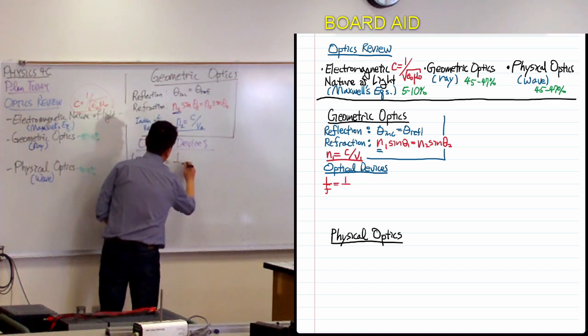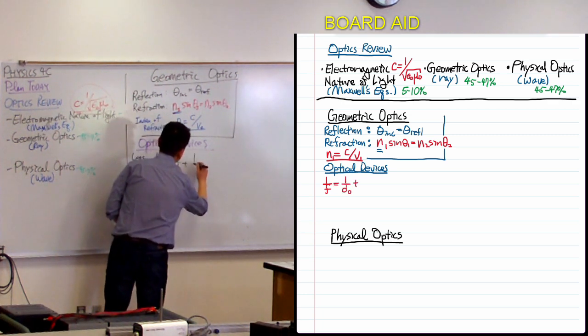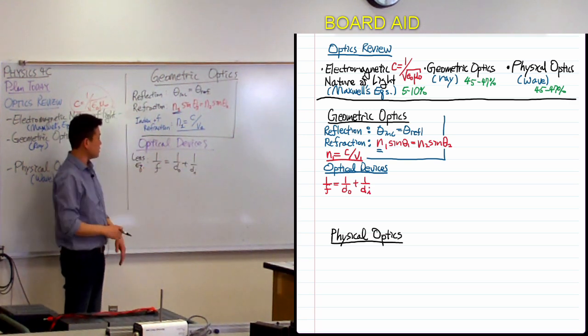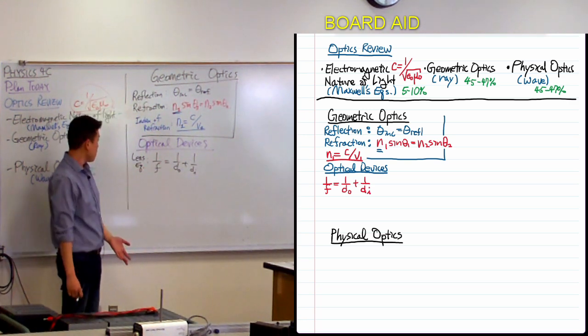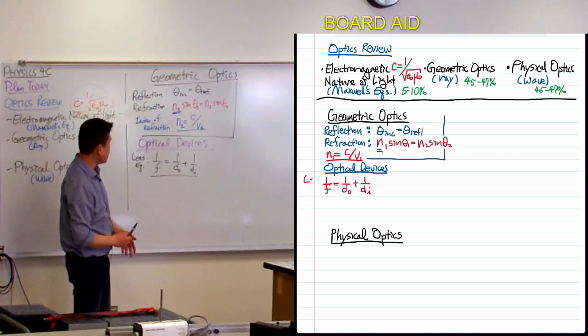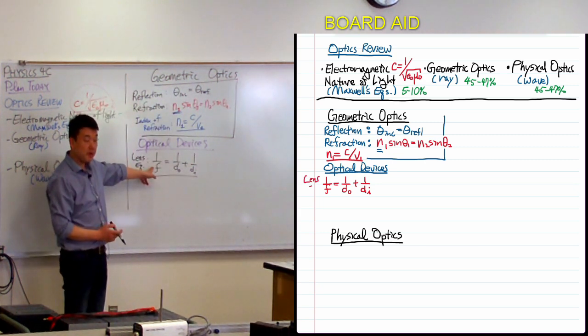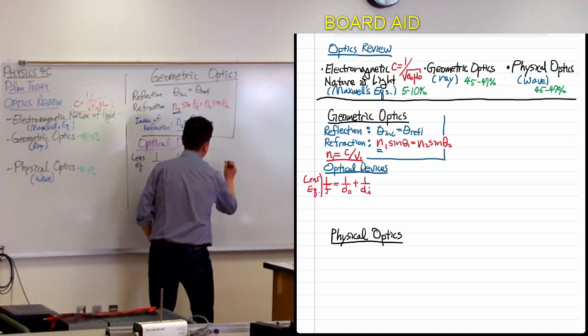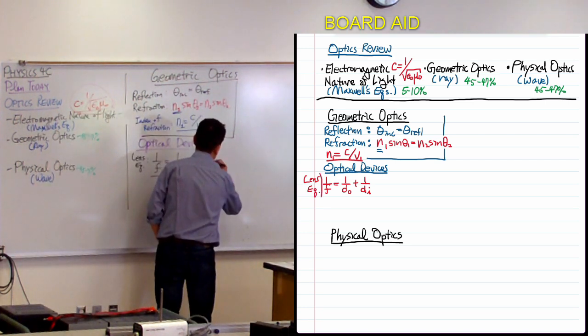1/f is equal to 1/do plus 1/di. And coupled with this is a bit of ray tracing. So this algebraic equation carries the same information as a geometric ray diagram does. So you should remember the ray tracing rules.